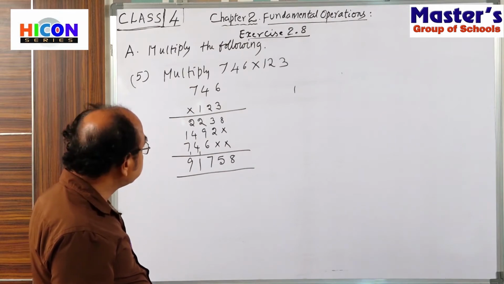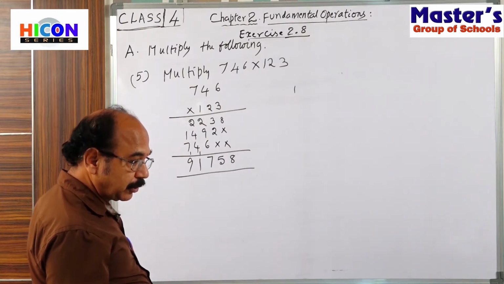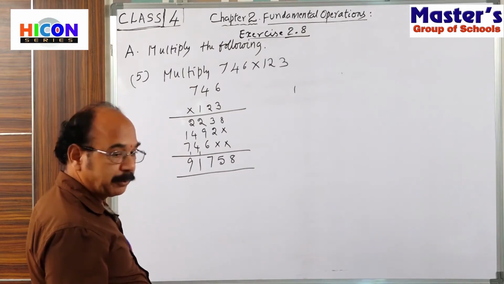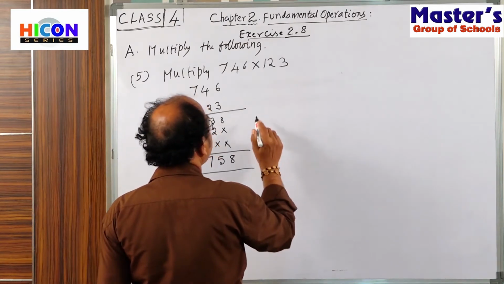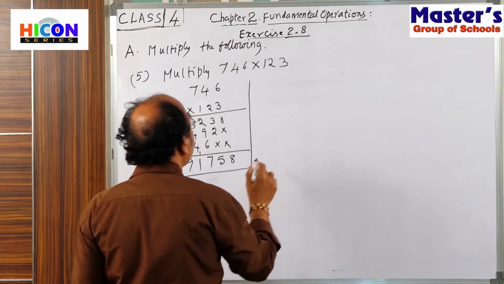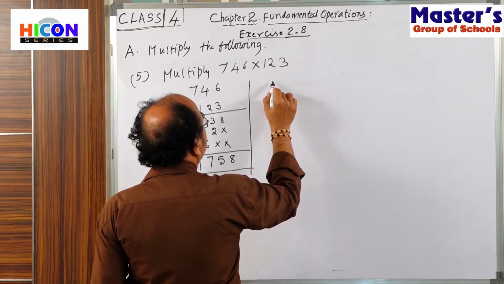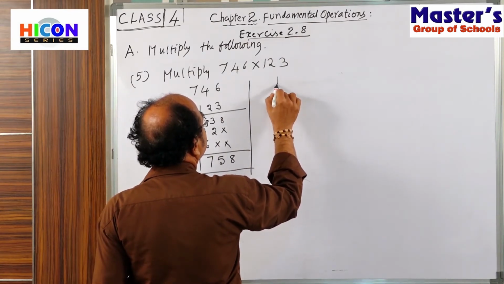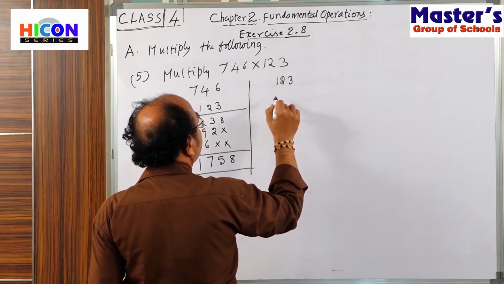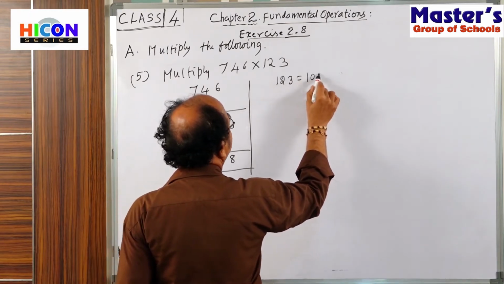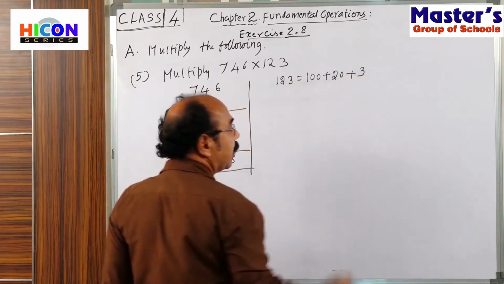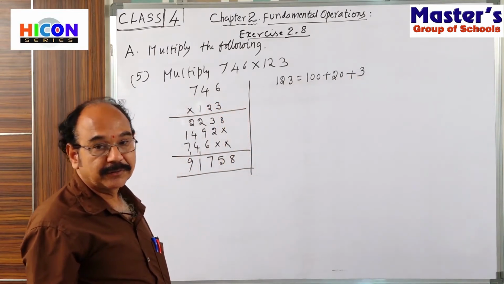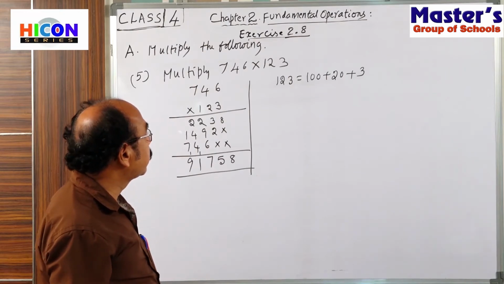Now, according to this given procedure, you learn how to multiply. Here, 123 can be written as 100 plus 20 plus 3. 100 plus 20 plus 3, how much? 123.